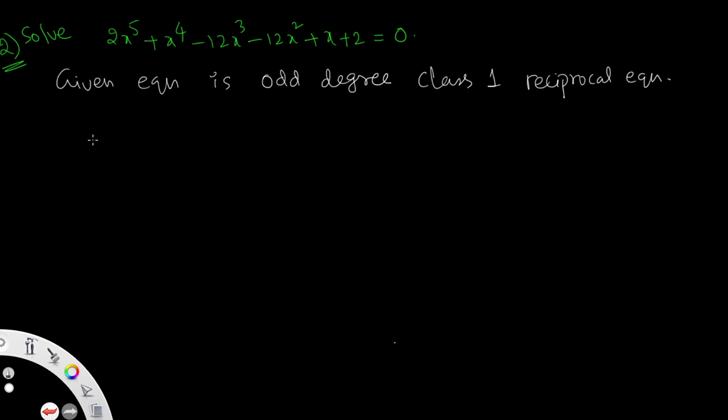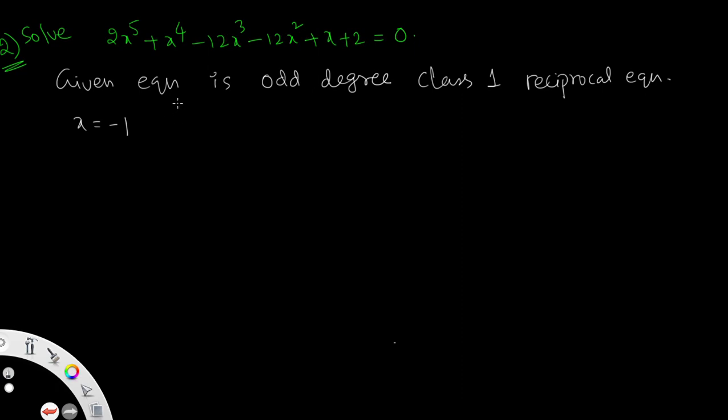For our convenience, put x equal to minus 1 and substitute in the equation. Then minus 1 is a root of the equation. Why?